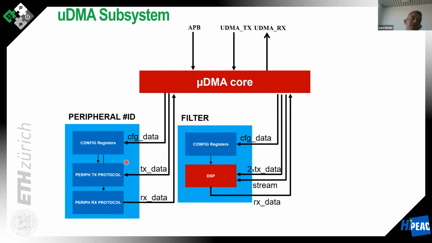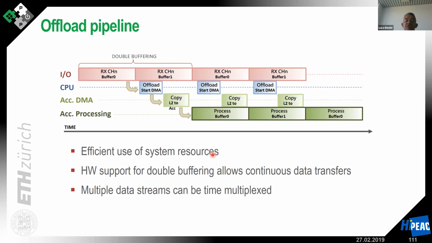So our micro DMA is not only able to manage autonomously the peripherals, the sequence of the signals on the peripherals, but also to perform some simple and local computation on the stream of data that is coming in and put it into memory already filtered. So the effect of this capability is that you can trigger your core to manage the input-output much more rarely than what would be needed without the micro DMA.